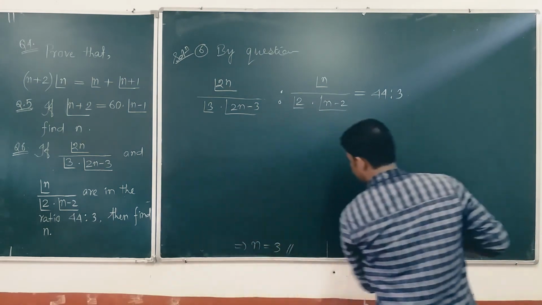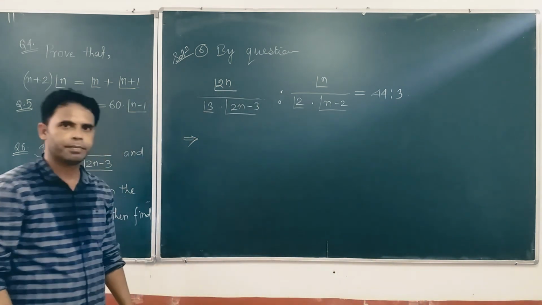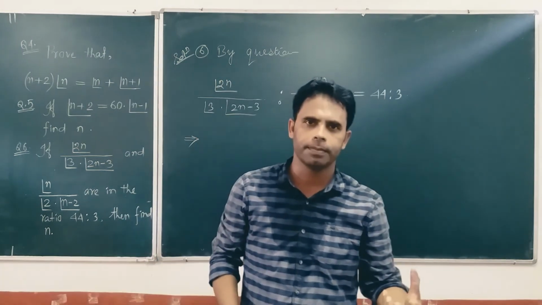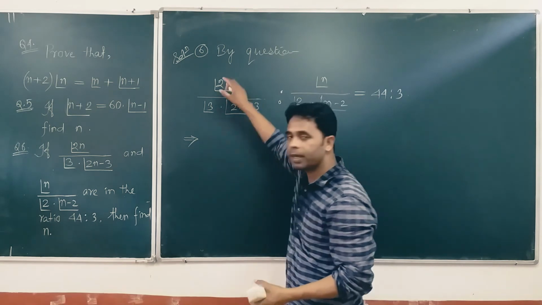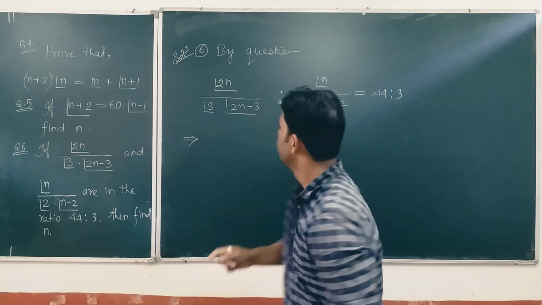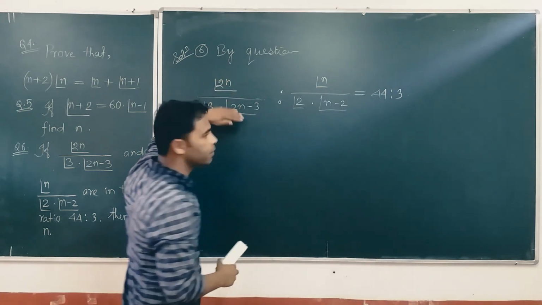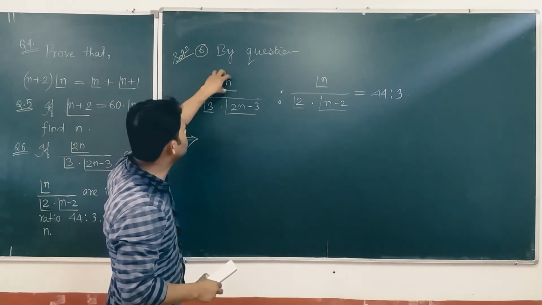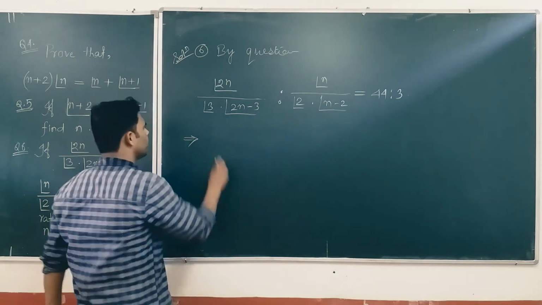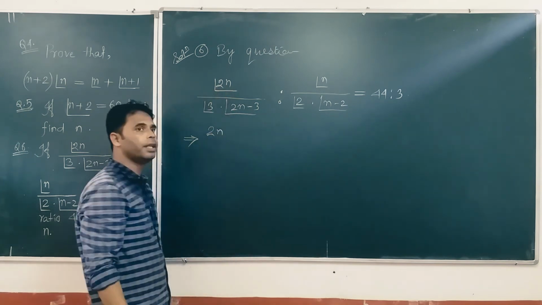Now from this equation you are to find the value of n. So again the concept is the same. You express these terms in such a way that the bigger numbers can be expressed in terms of the smaller factorials. Compare these: 2n is bigger than 2n minus 3. So you bring the numbers outside. That can be done if you take twice n outside the factorial sign, then the inner number will be decreased by 1.